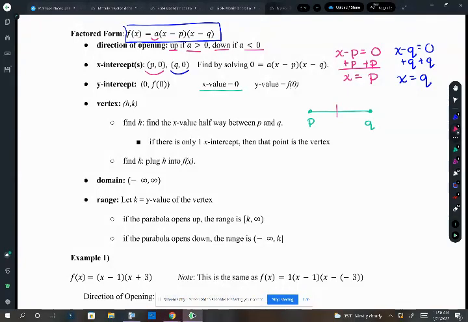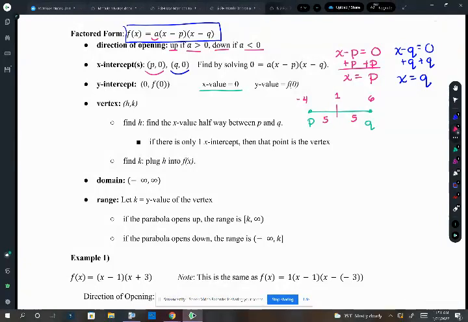So as you're looking at that, whatever that happens to be, like if we pretend this is -4, and let's say this is 6, between -4 and 6 there are 10 spaces. And so you're going to go 5 spaces, which would mean that the halfway mark is 1, because you're going to go 4 spaces to 0, and then 1 more, so that you've got 5 on this side and 5 on this side.